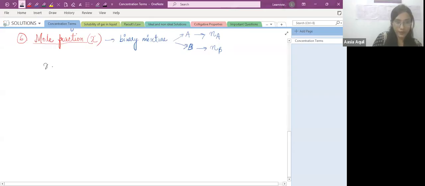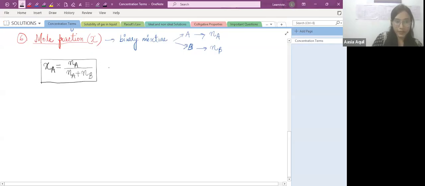The mole fraction of A will be the number of moles of component A upon the total number of moles of all the components. Here there are two components, so it is Na plus Nb. That's how you can calculate the mole fraction of component A.